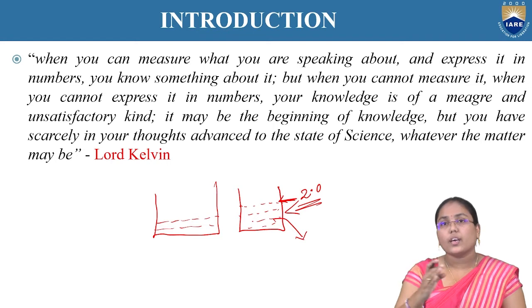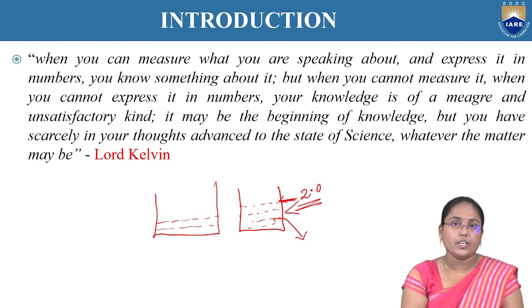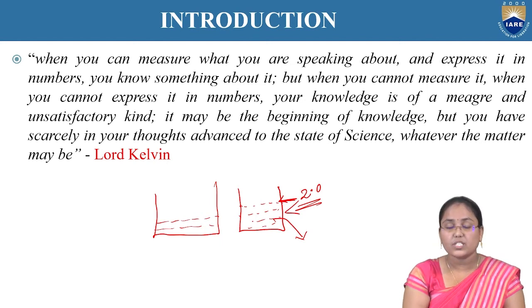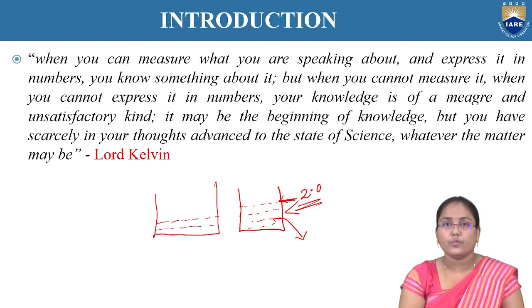That's why, according to Lord Kelvin, when you can measure what you are speaking about, say I'm speaking about some liquid and I say that 2 liters of liquid is filled in this one, then it makes some sense. But if we can't say how much liquid is filled while speaking about an experiment, and I say some quantity is filled in this one, it won't make any sense.